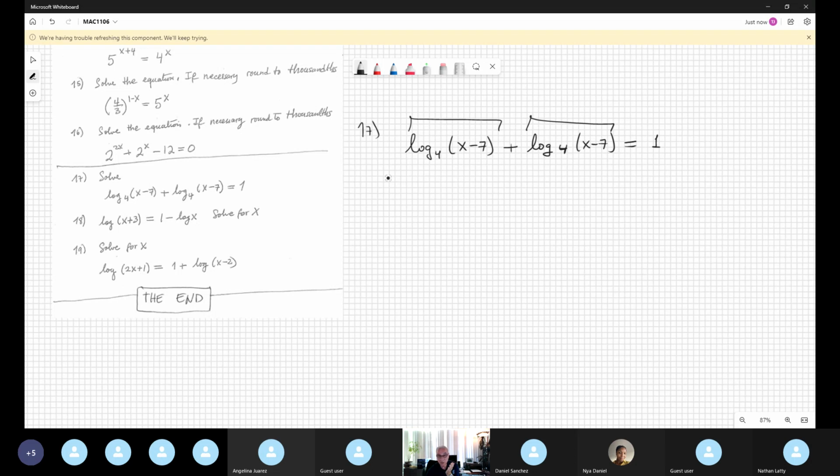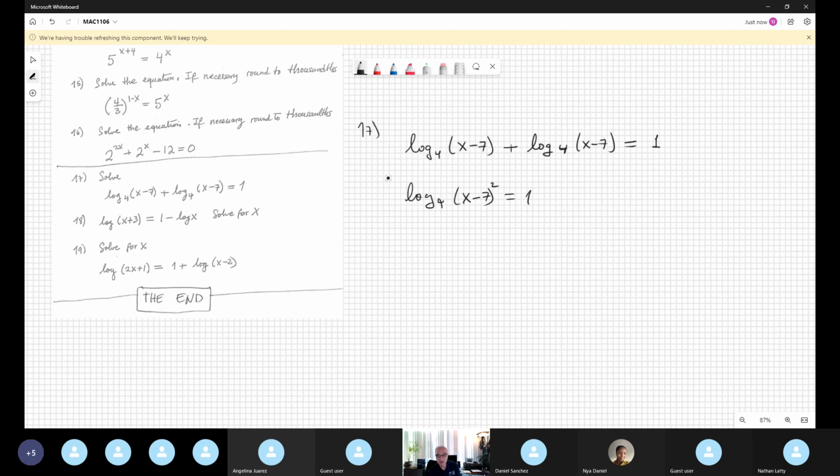There are two possibilities: you put a 2 in front, or I prefer to apply property number 6, the multiplication, and you have logarithm base 4 of x minus 7 times x minus 7, which is squared. In this moment, I condense two logarithms into only one. And when it's only one, it's easy.